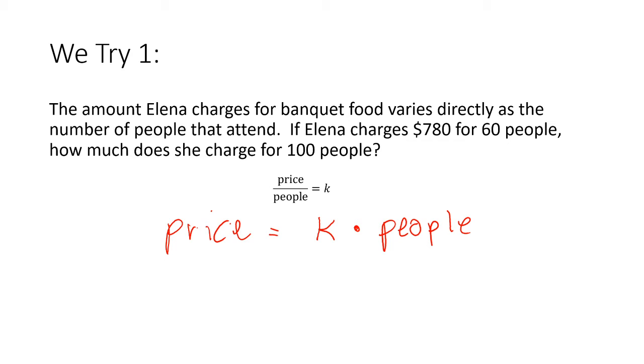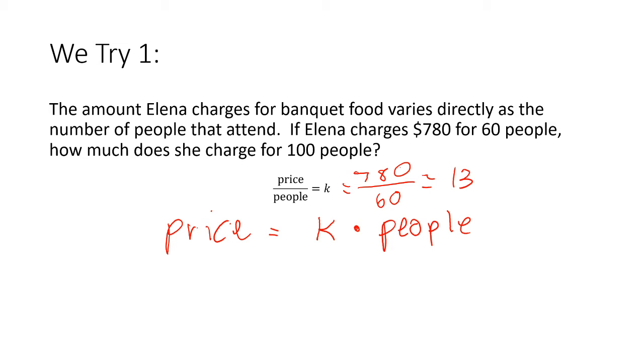So, the price for 60 people is $780 divided by 60 people. And I should get, let's see here, 780 divided by 60 is 13. So K is 13.